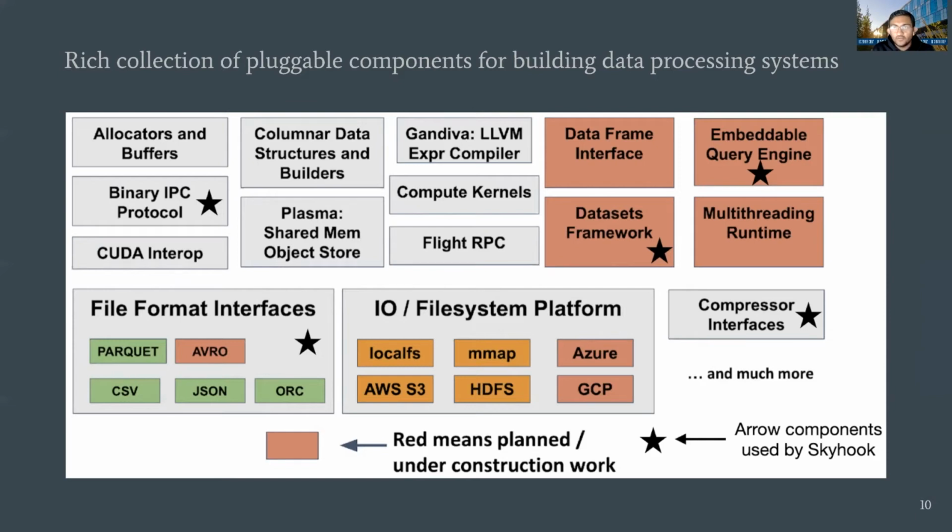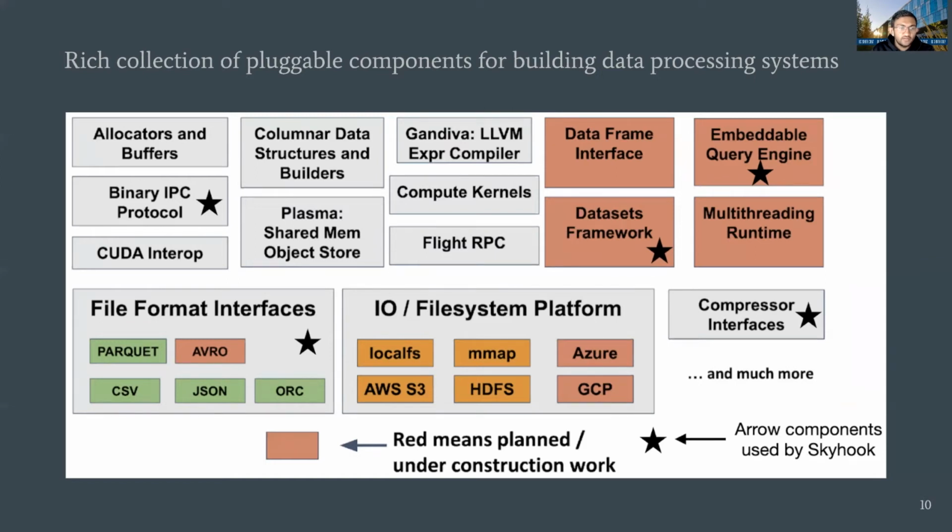Now, although the Apache Arrow project started as an in-memory zero-copy format, it quickly grew to a rich collection of pluggable components for building data processing systems. For example, the Arrow framework provides a binary IPC protocol for transferring Arrow data over the wire.